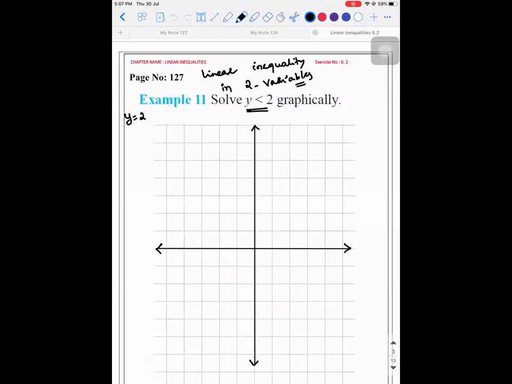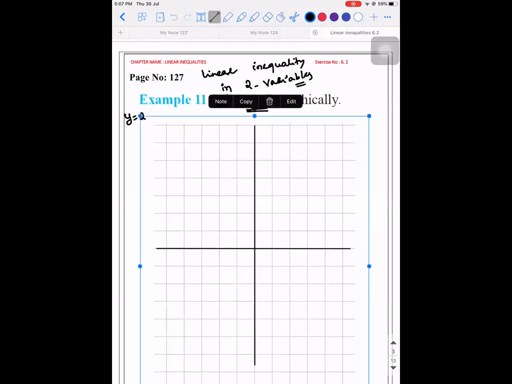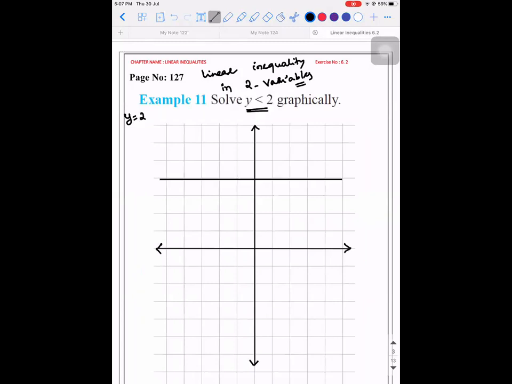Y is equal to 2 represents what? It is a straight line which is parallel to the x-axis, since y is equal to plus 2. So let me label it.